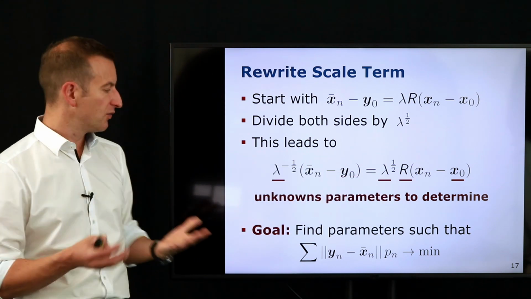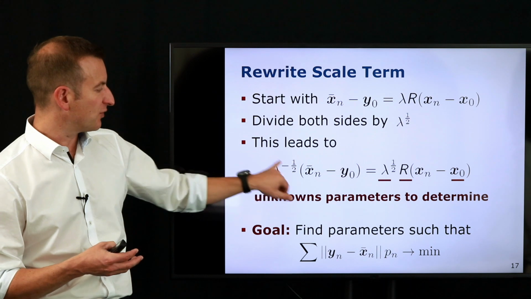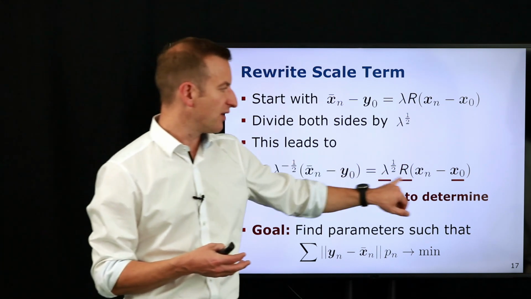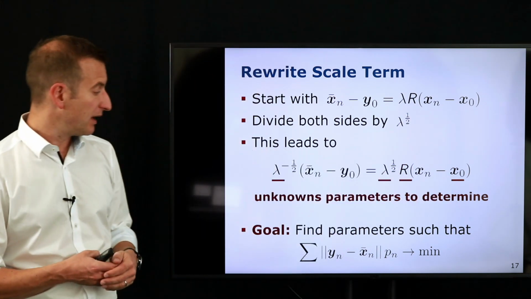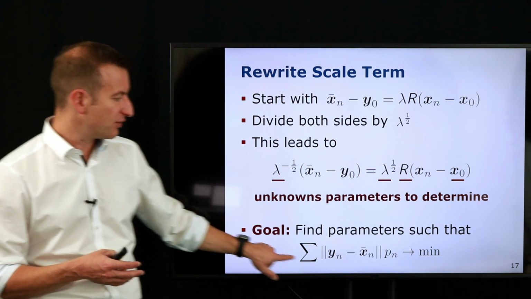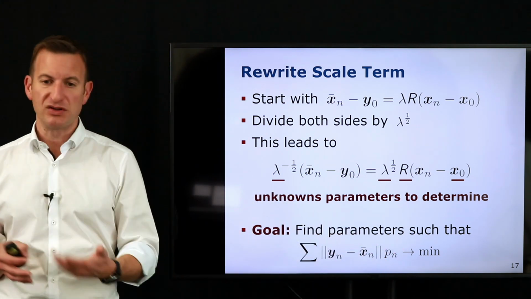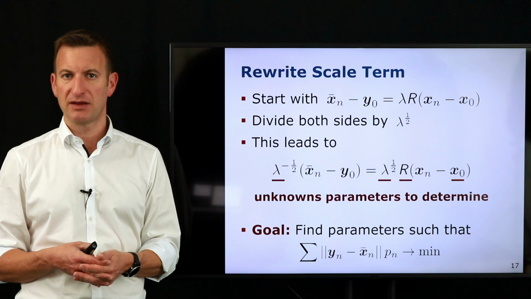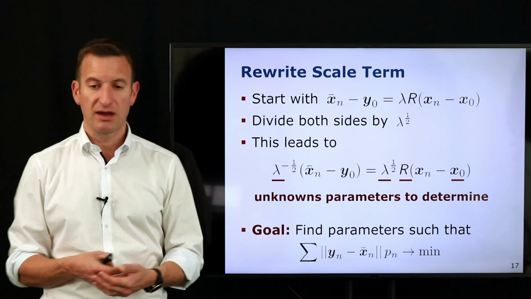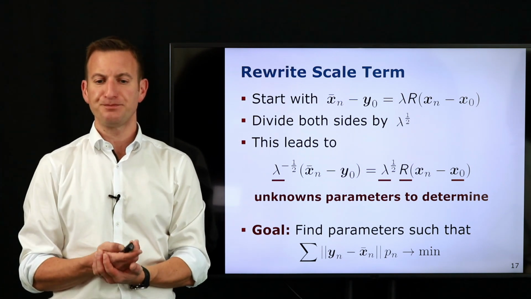So now my unknown parameters are lambda, R, and x0. The goal is to find those parameters so that my original equation is minimized, and I want to minimize the squared error over here.